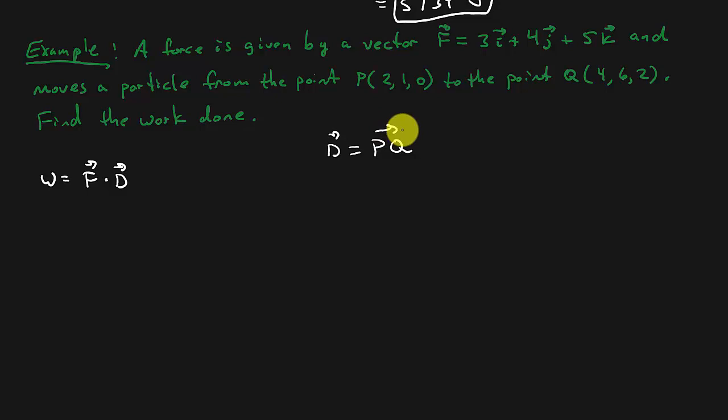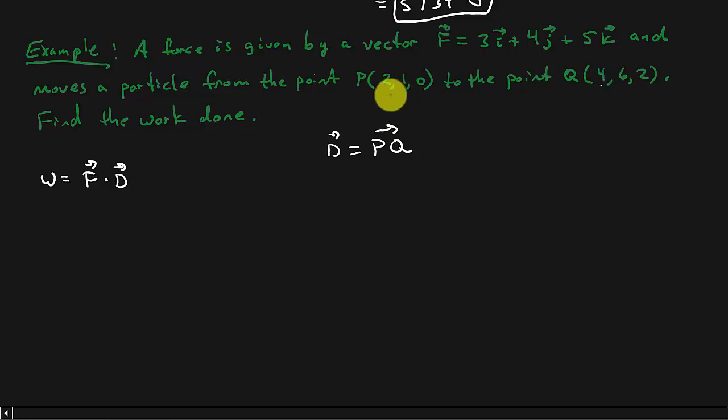Now, how do we find that? Do you remember? I believe we did this in the last video. That's going to be 4 minus 2, 6 minus 1, and 2 minus 0.